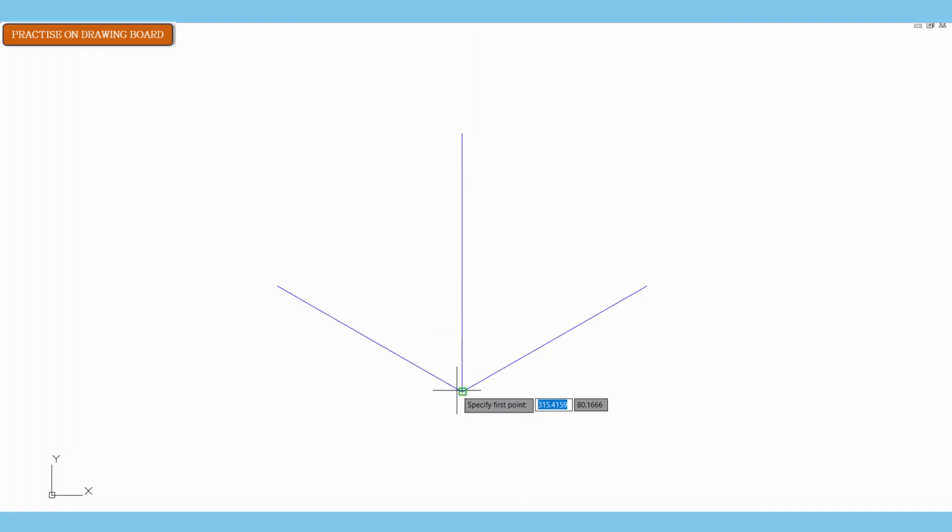Right, and then we should have some horizontal line.